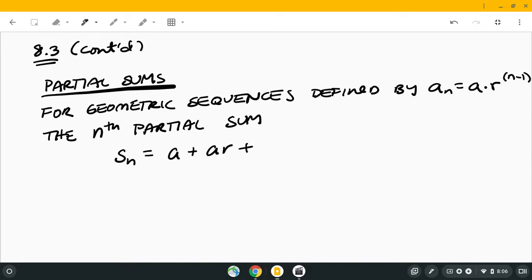We know that the terms are represented like this, all the way up to the nth term. And of course, r is not 1.